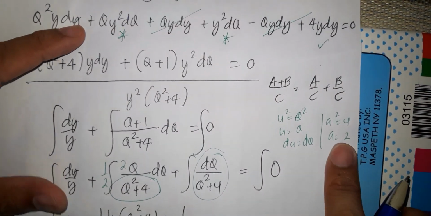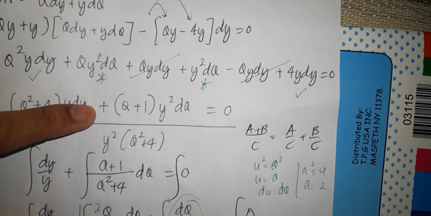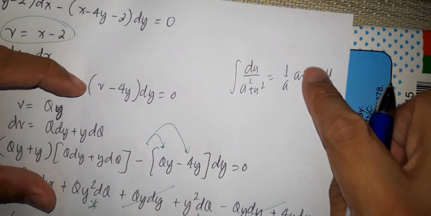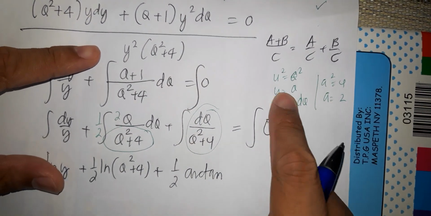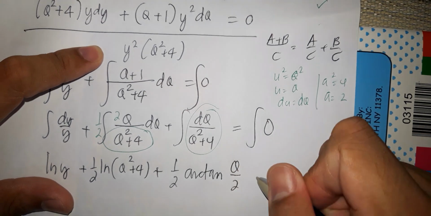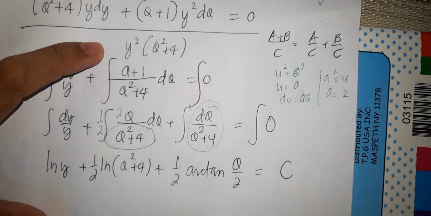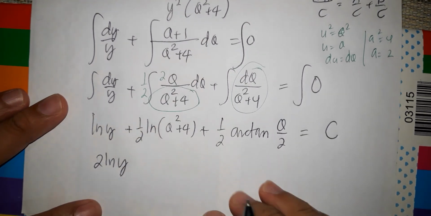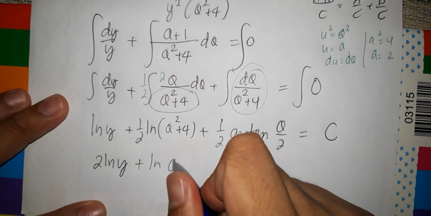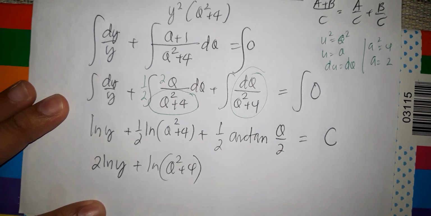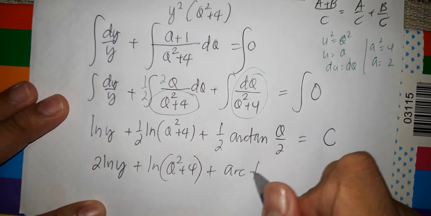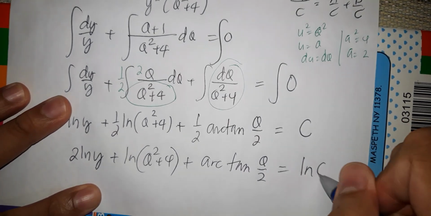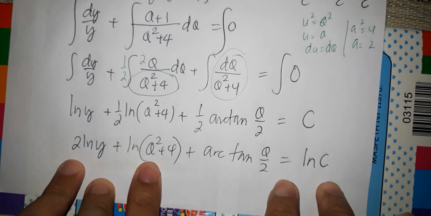So 1 over a is 1 over 2 arctangent of u over a, your u here is q over 2, is equal to c. So multiplying this all by 2, magiging 2 ln y plus ln of q squared plus 4 plus arctangent q over 2 is equal to, pwede ko siyang lagyan ng ln c para makombine natin siya with this.